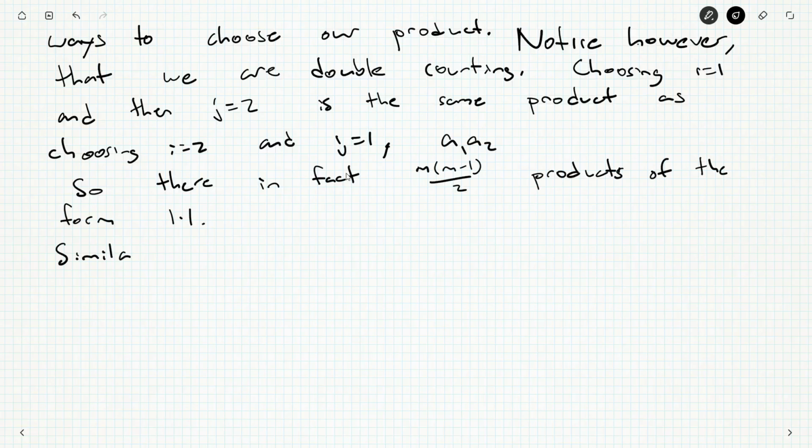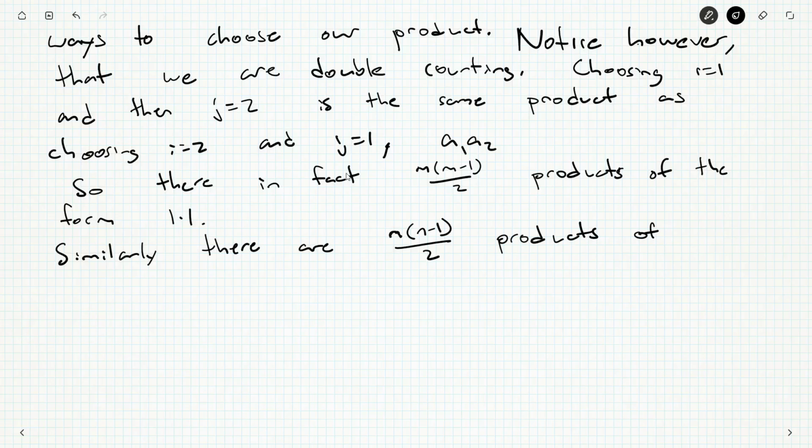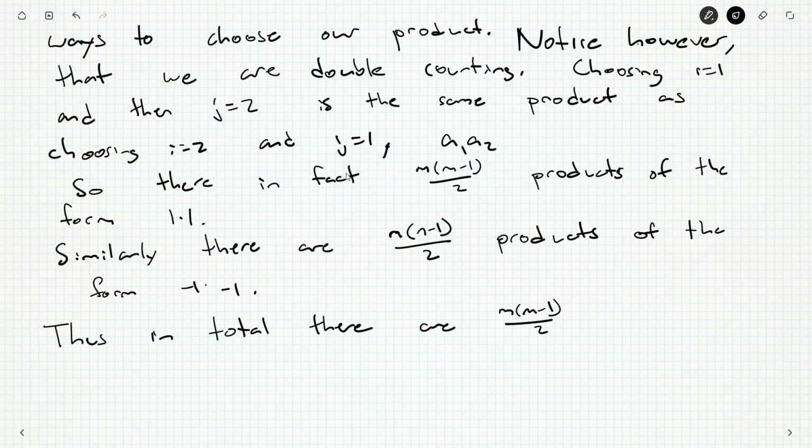Similarly, there are N times N minus 1 over 2 products of the form -1 times -1. Thus, in total, there are M times M minus 1 over 2 plus N times N minus 1 over 2 products having the value 1.